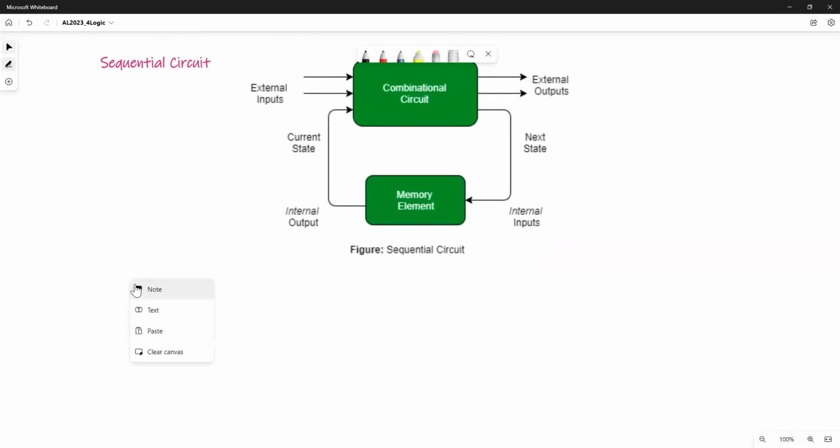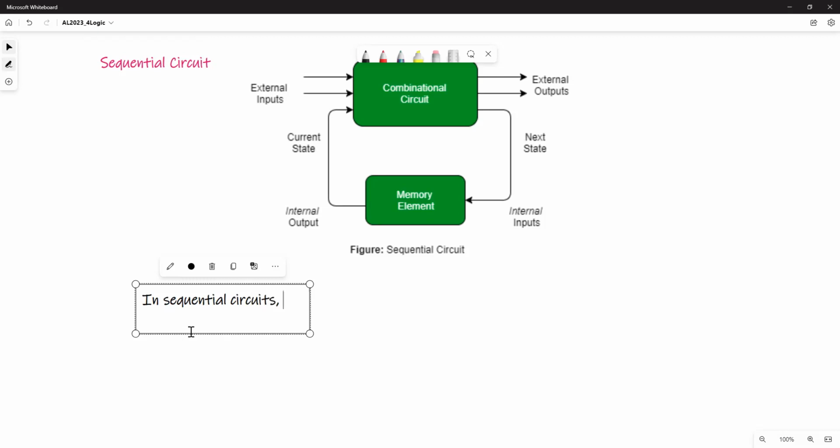We can say in sequential circuits, the output depends not only on the present input.